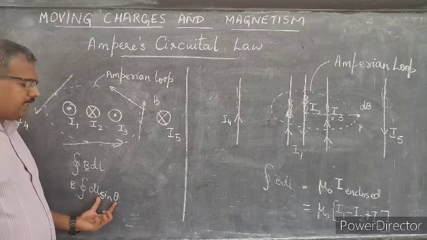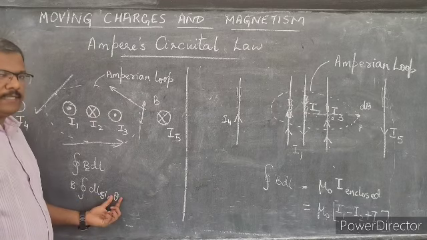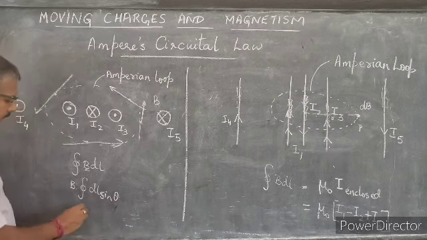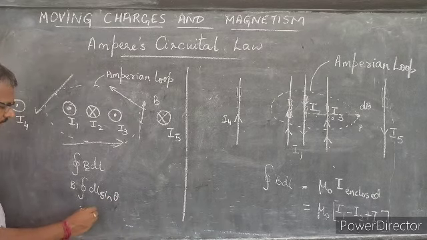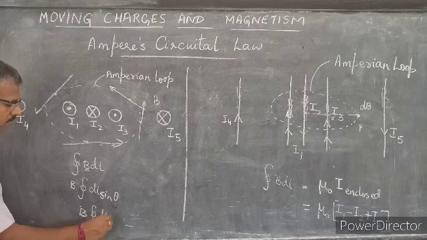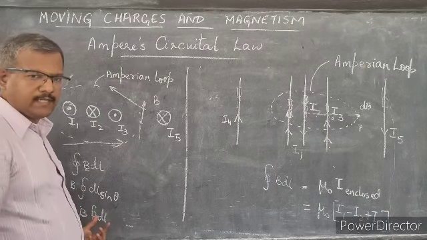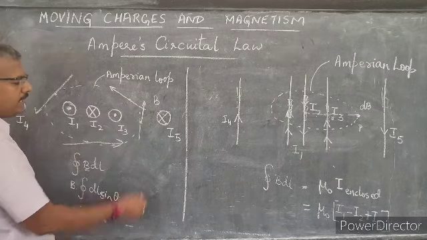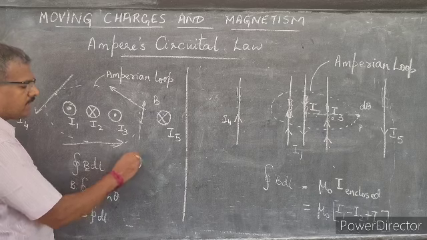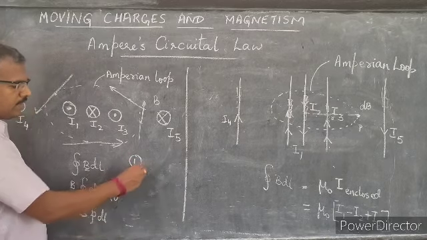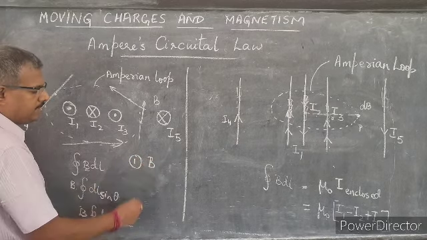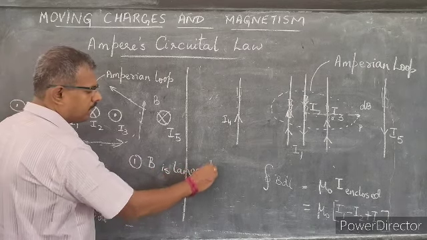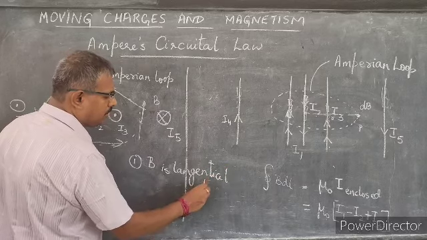Now theta becomes 90, so sine theta resolves itself to 1. So what you are left with is B times the line integral of dl, of all the line elements, right? So this is how it reduces itself when we make the first assumption. Our assumption 1 is that the magnetic field B is tangential to the loop.